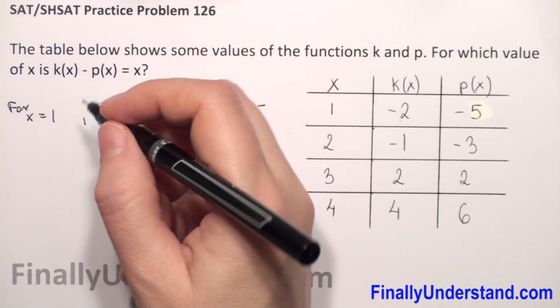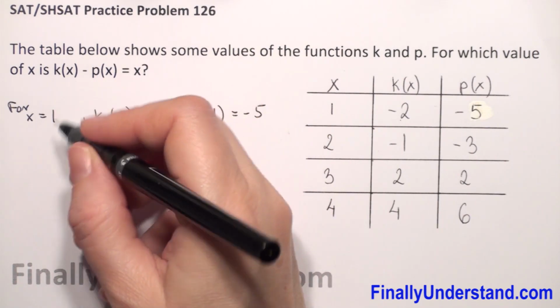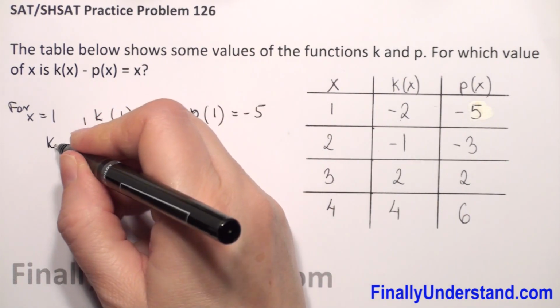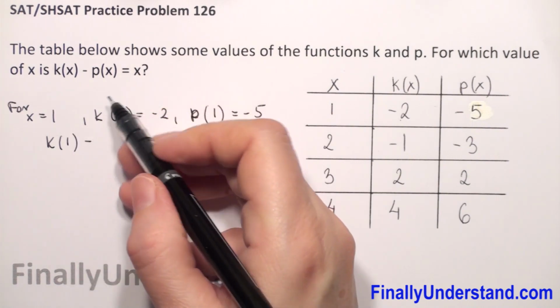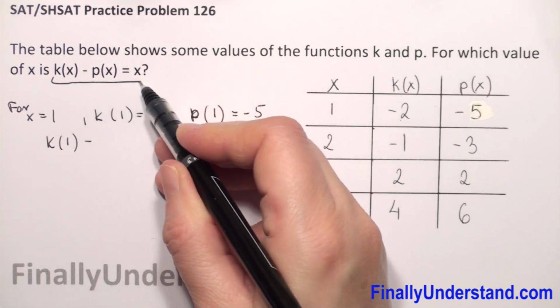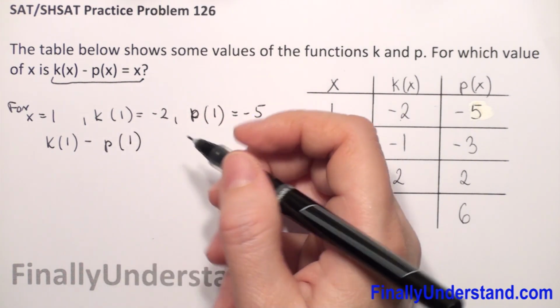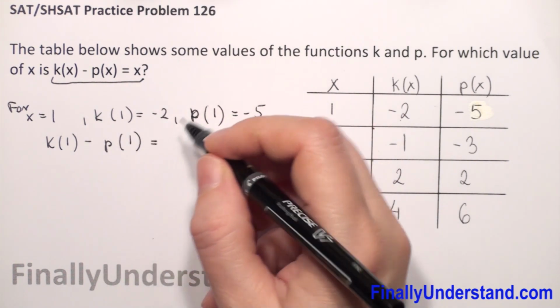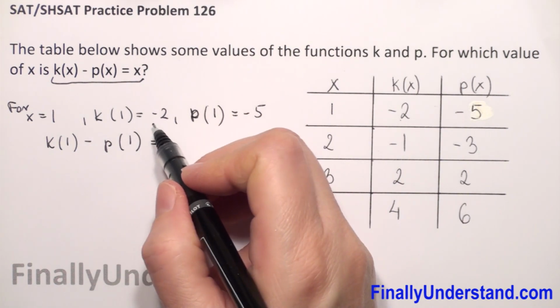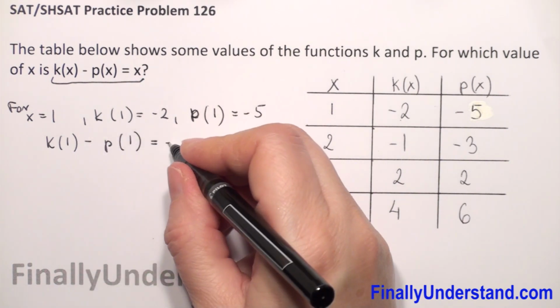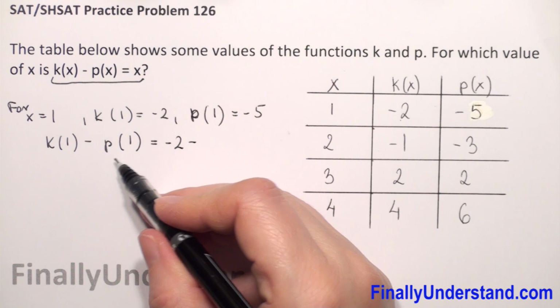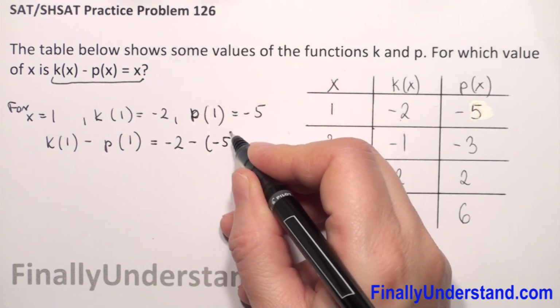So what will k of 1 minus p of 1 be? We have to go to this expression. We substitute k of 1 by negative 2 minus, we copy, p of 1, which is negative 5.